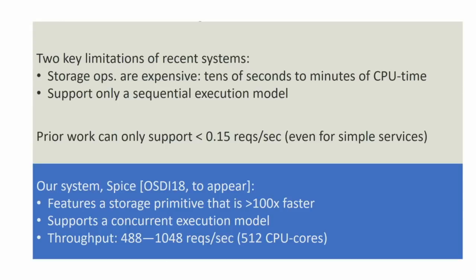Our system, which is called SPICE, addresses these limitations. First, it features a new storage primitive that is 2 orders of magnitude more efficient than prior instantiations. Second, it supports a concurrent model of execution for expressing services. As a result of these two new techniques, SPICE can support thousands of transactions per second for many realistic applications.